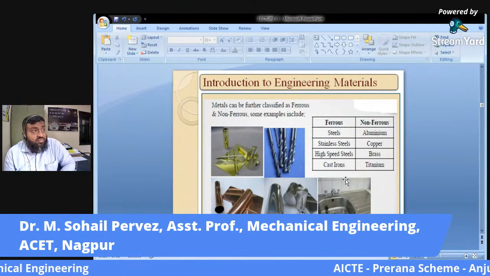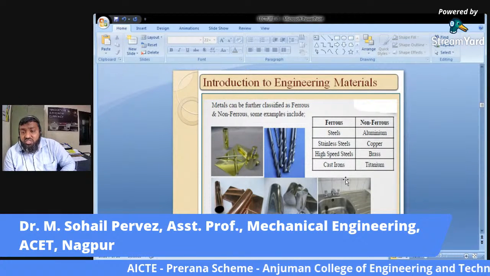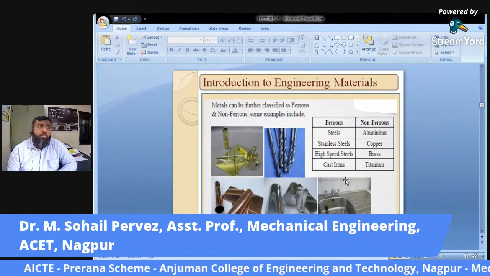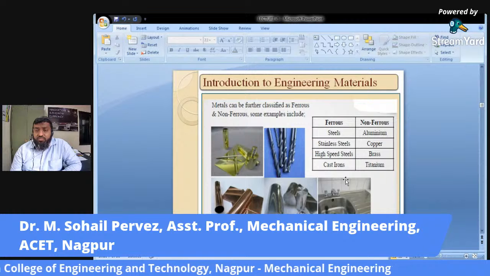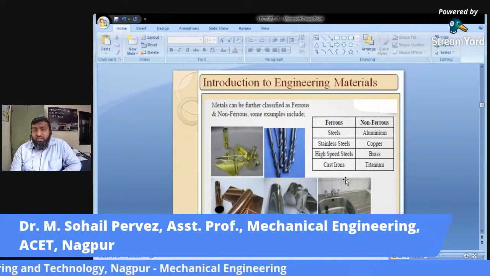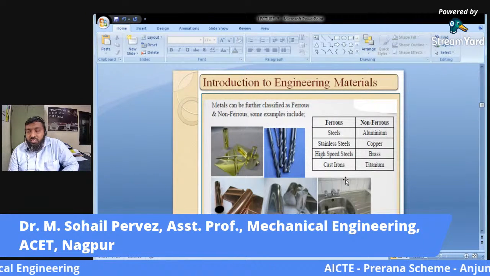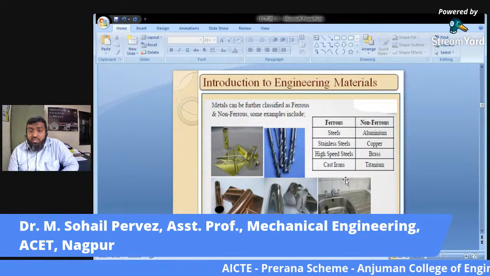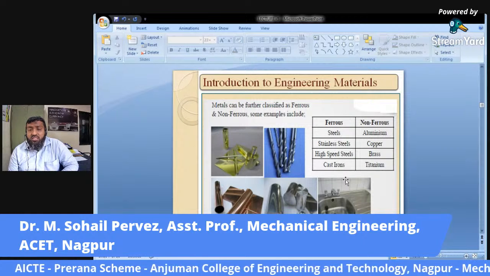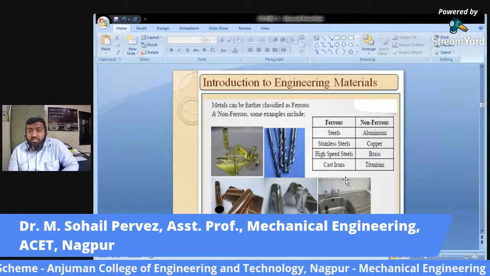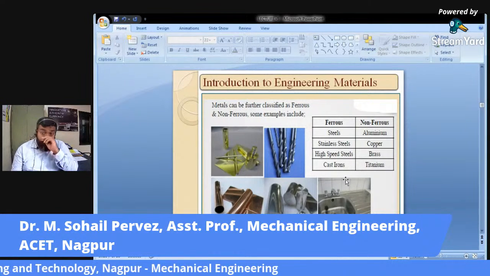Stainless steels we use in utensils, steel in structural work, high-speed steels in metal cutting operations on machine tools, that is the lathe machine, and cast irons for different casting purposes, specifically the bases and structural elements of machine tools, and there are numerous examples where these cast irons are employed. Non-ferrous: aluminium, copper, brass, titanium.